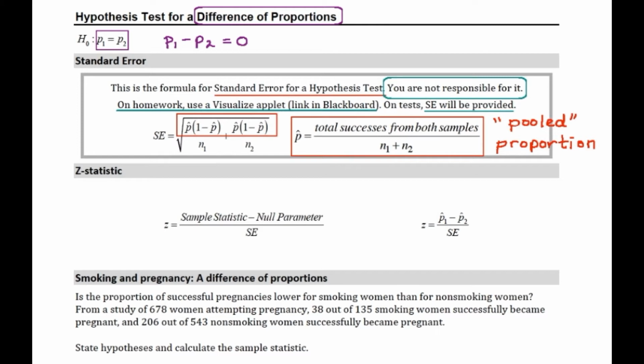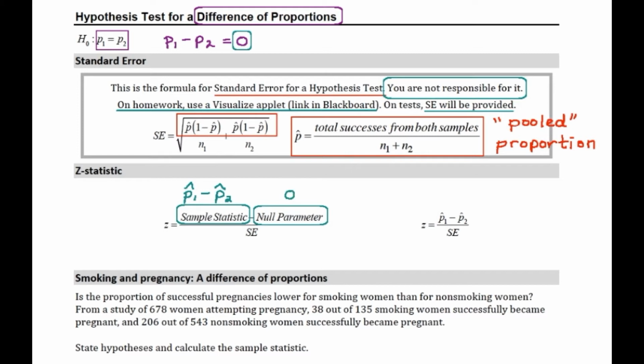So based on this standard error, we now have a z-statistic, which follows the same form we've been following for all of our z-statistics: sample statistic minus null parameter. Our sample statistic, if we're working with a difference of two proportions, is always going to be p1 hat minus p2 hat. And the null parameter is what p1 minus p2 is equal to under the null hypothesis, which as we can see up here is equal to 0.